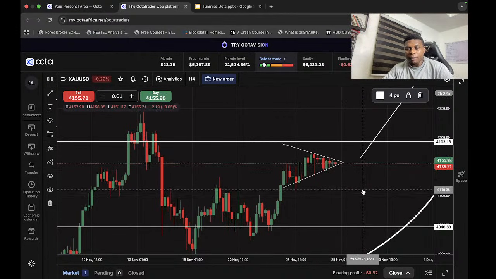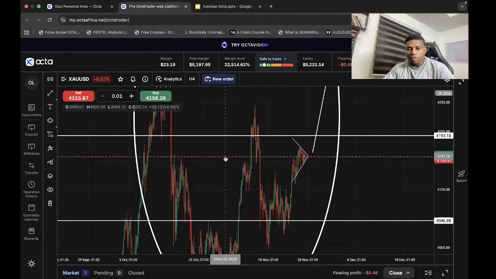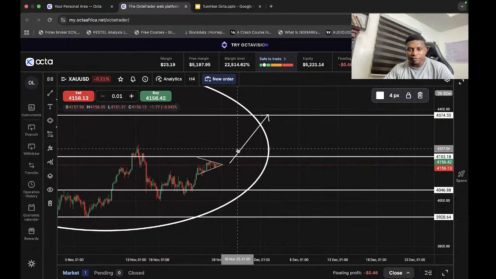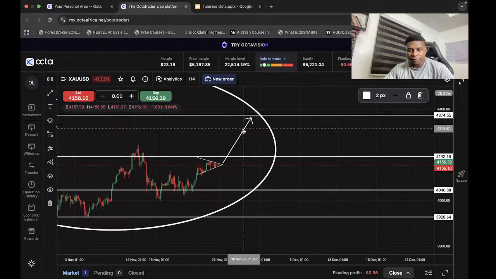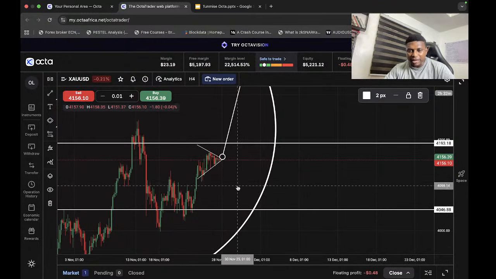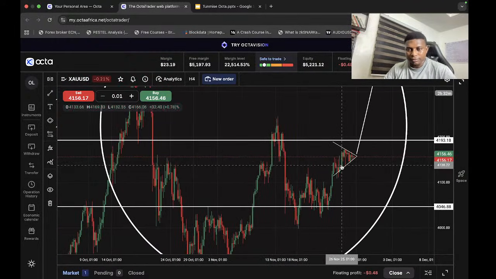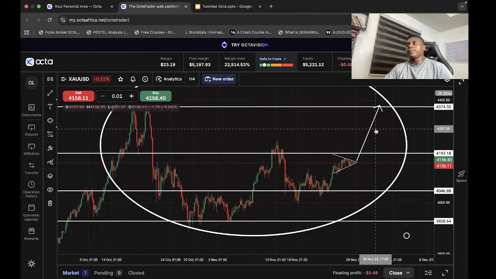So what we expect is not far-fetched. What we would see is a breakout of price from this level.